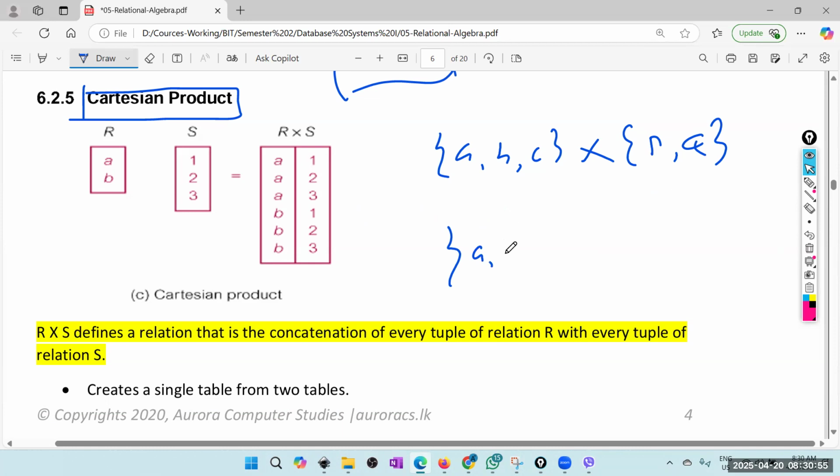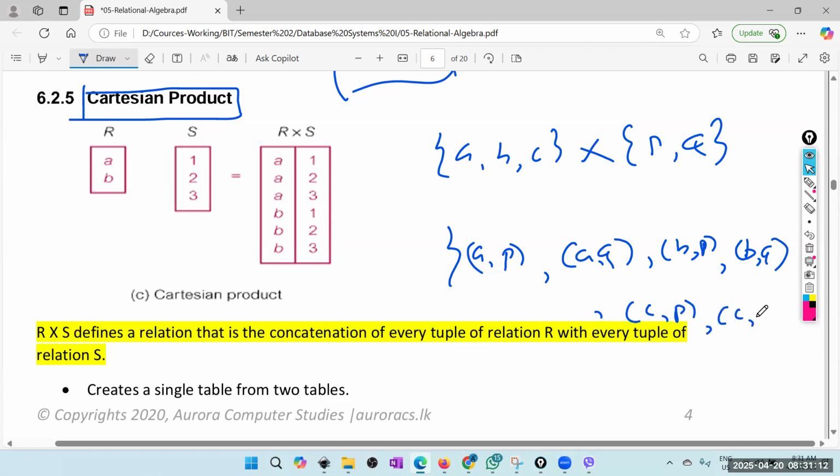We have done that in Boolean algebra. In maths, that is A, P; A, Q; B, P; B, Q; C, P; C, Q. That is your Cartesian product.